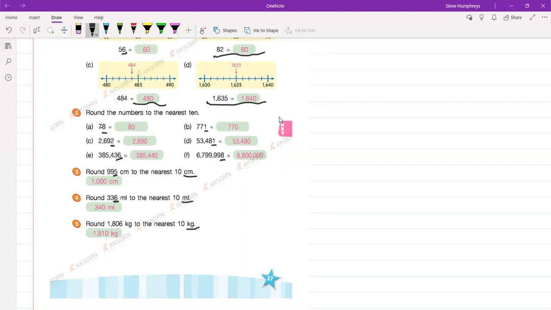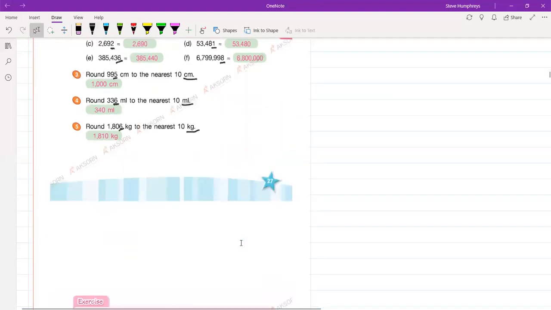And number 5, round 1,806 kilograms to the nearest 10 kilograms. Last digit is a 6. Okay, let's complete those on page 27.